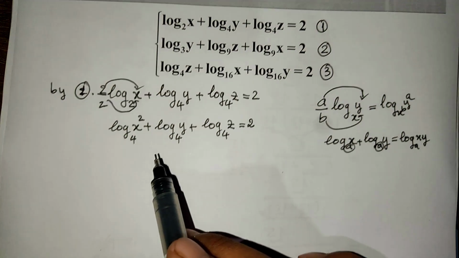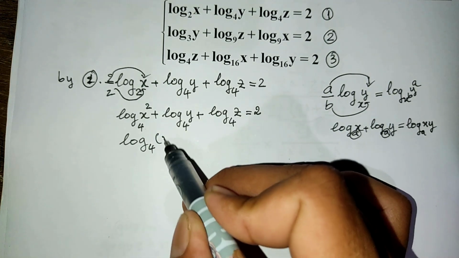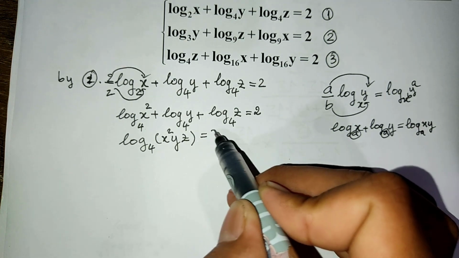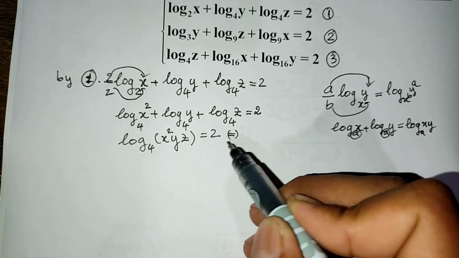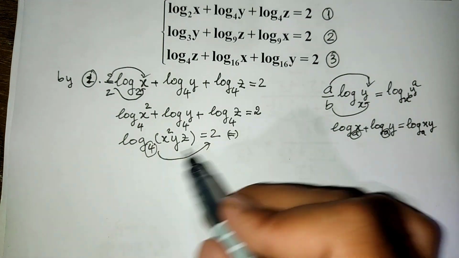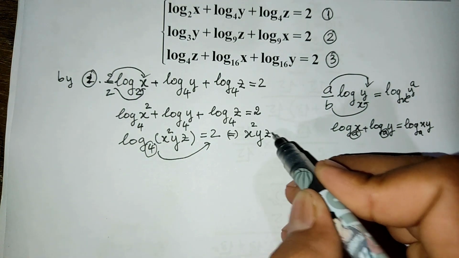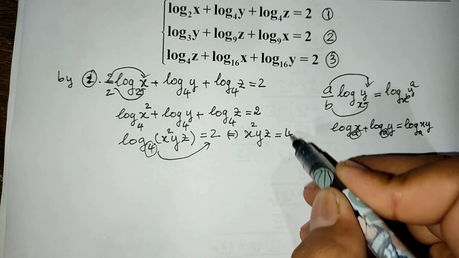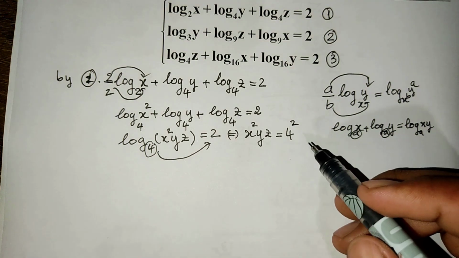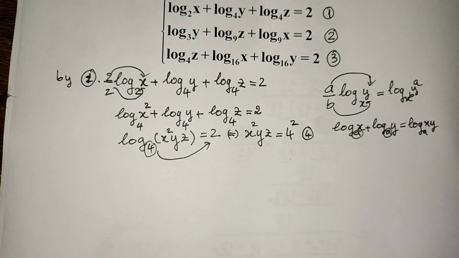So here we get log base 4 of x squared times y times z equals 2. When we move the 4 to the right-hand side, we get 4 squared. So x squared times y times z equals 4 squared. Okay, I label this the fourth equation.